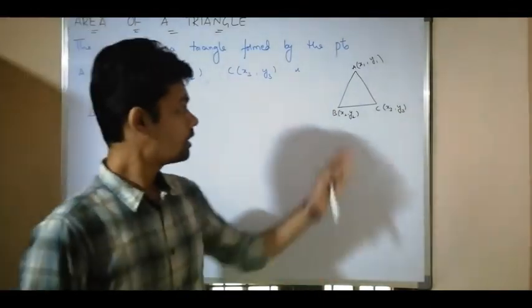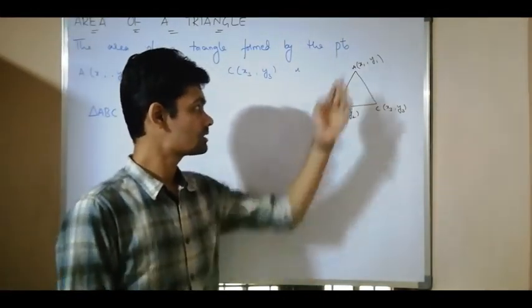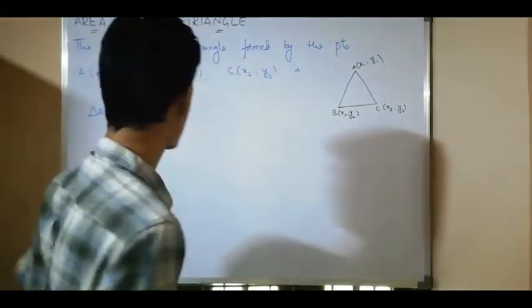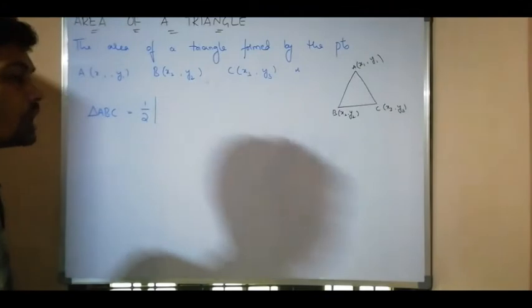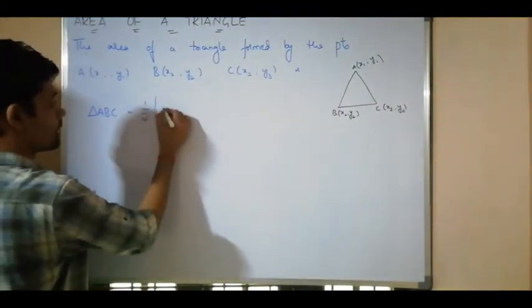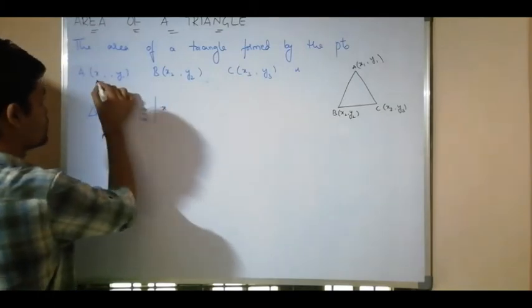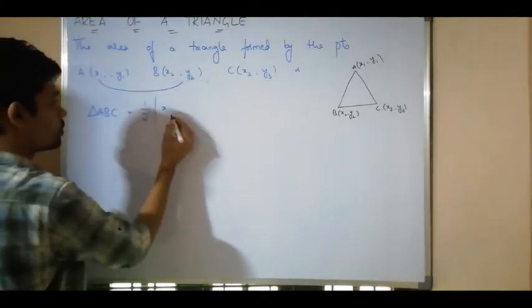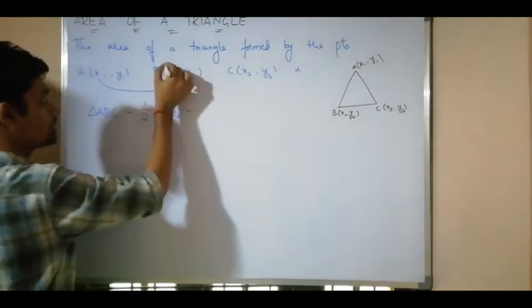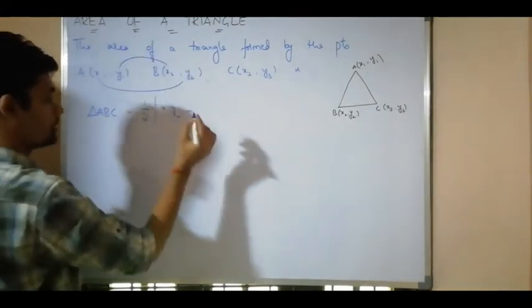Now area of a triangle whose vertices are the points A, B, C is half modulus of x1 into y2 minus x2 into y1.